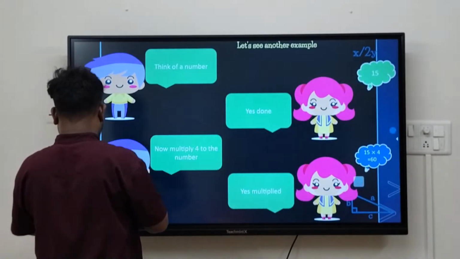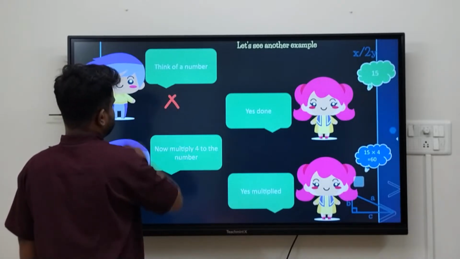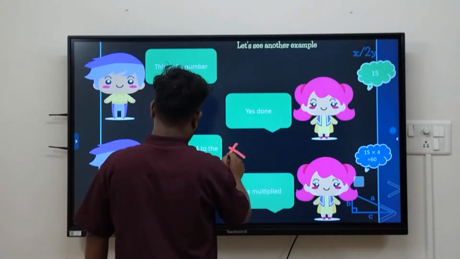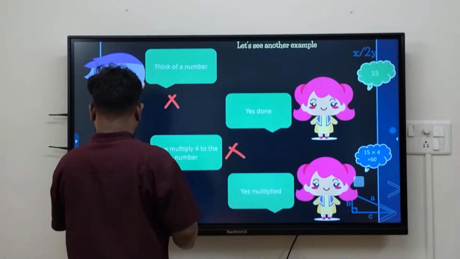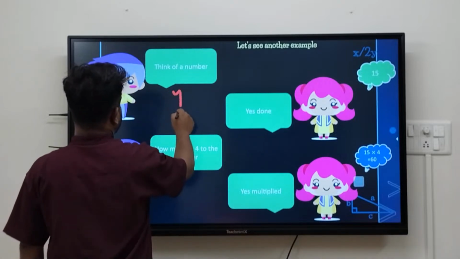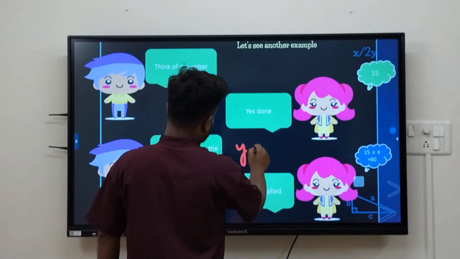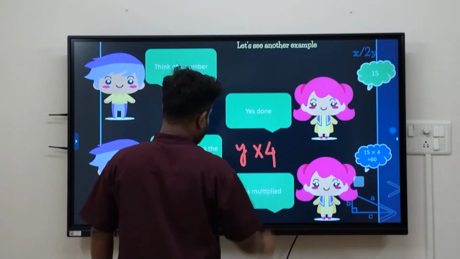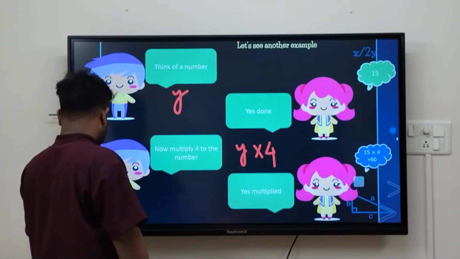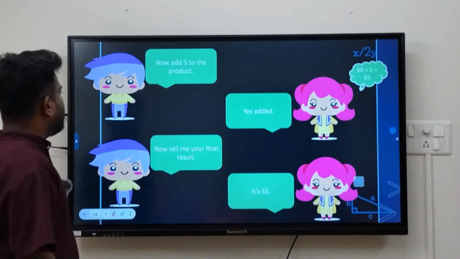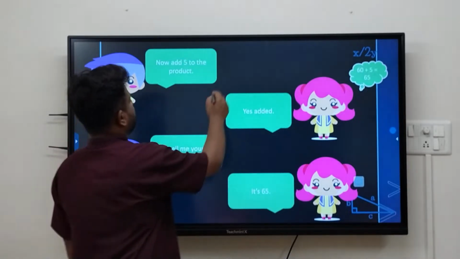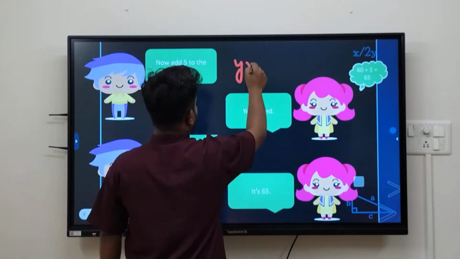Okay, if I think of a number, not x, I am thinking of it as y. Now multiply the number by 4. If we multiply it by 4, it will look like this: y into 4.